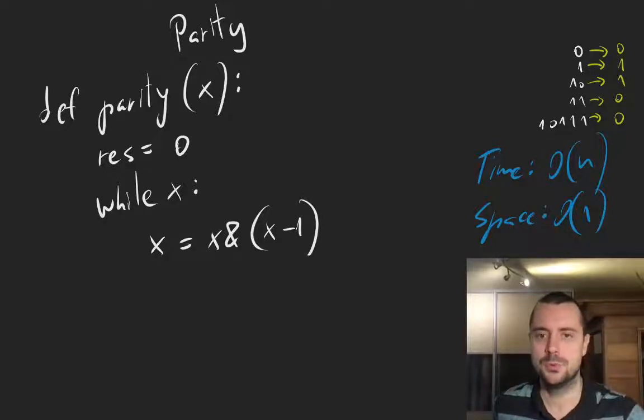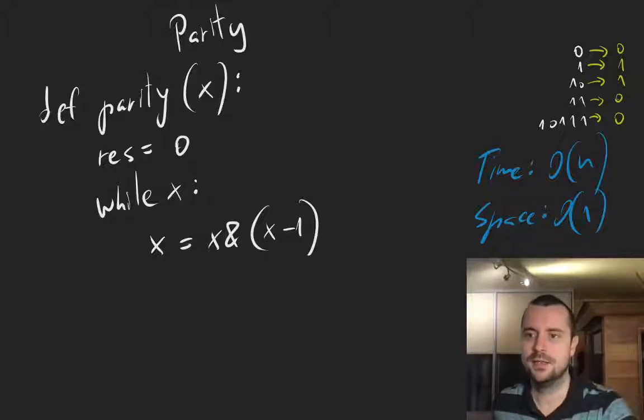If you don't know how this works, you can write out a number or check out the previous video that I made that explains how this function works. But basically we're just removing the least significant set bit, right? In this case, we first remove this one, and then this one, and so on, right?